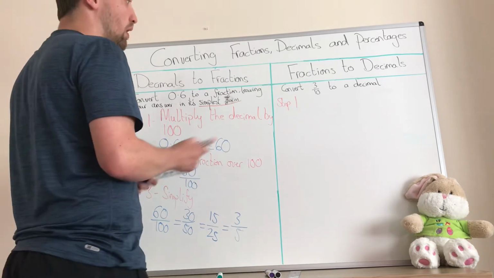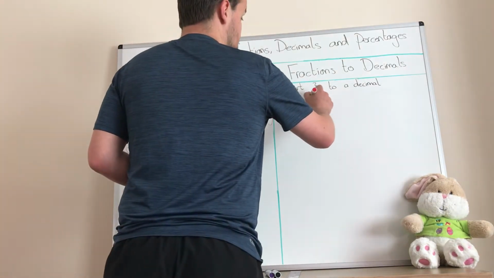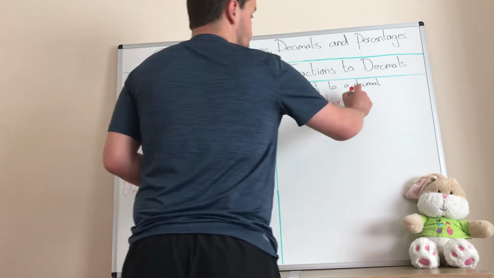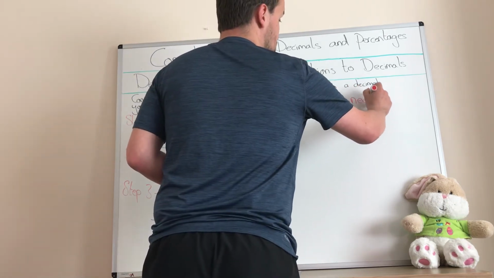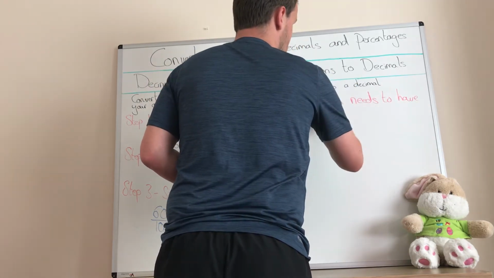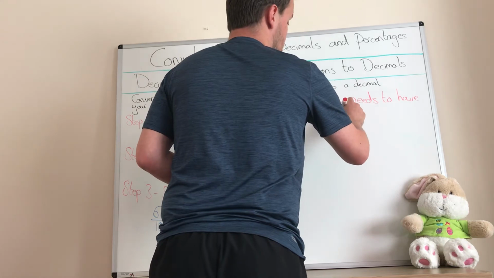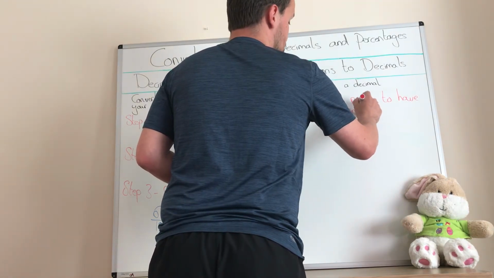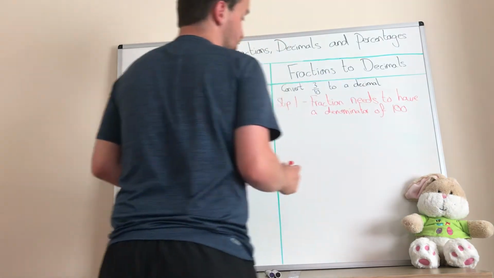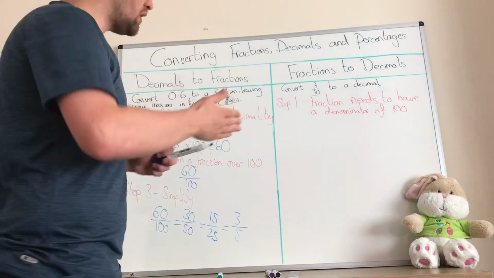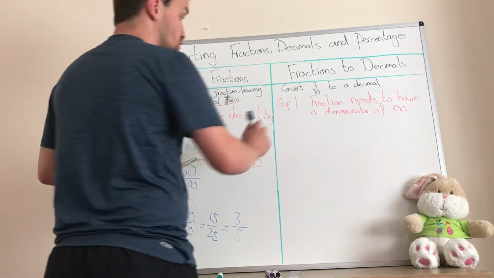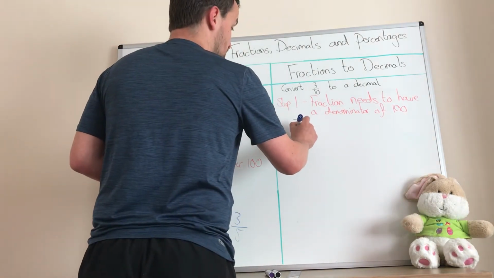Okay, so step 1, the fraction needs to have a denominator of 100. Okay, again, just like we were doing last lesson, whatever you do to the bottom, the denominator, you must do to the numerator, the top of the fraction.